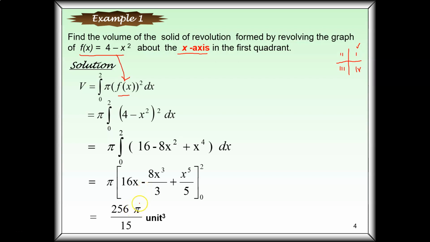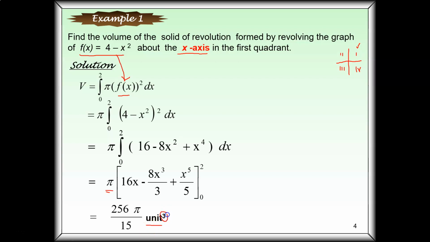No need to key in the pi into your calculator, just keep it as pi, and you can use degree mode, no need to change into radian. So you have 256 over 15 pi, and don't forget to put unit cube.